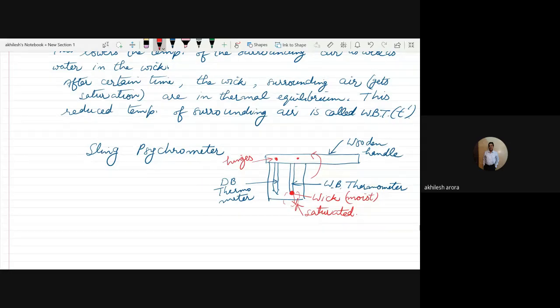Now let us move to the next thing, which is, I think, relative humidity. Yeah, it is relative humidity.